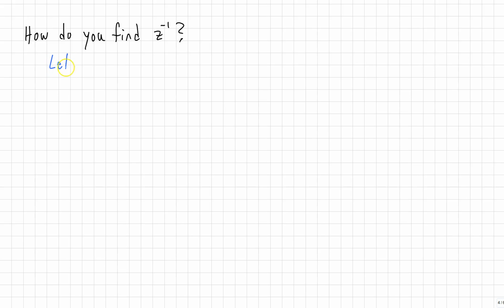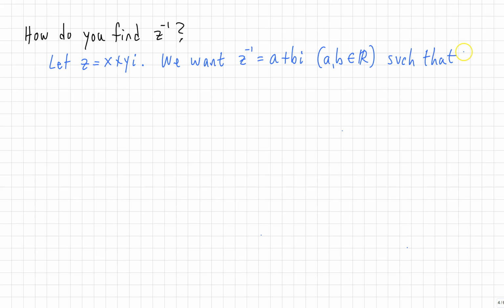So we're going to let z equal x plus yi, and we want its multiplicative inverse, which will be a plus bi, where a and b are real numbers, such that we want a plus bi to be a number that if we take z times that z to the negative 1, it'll come out to be positive 1.